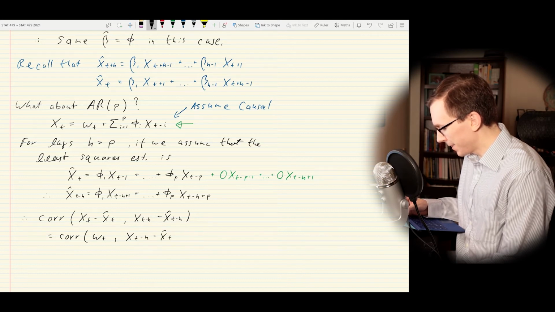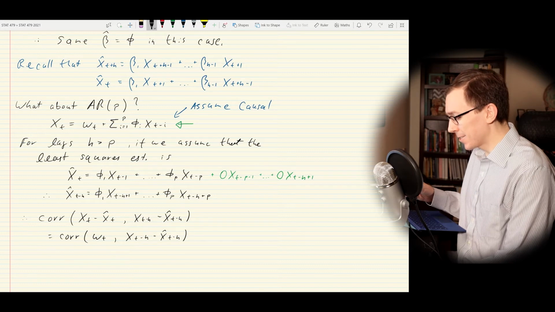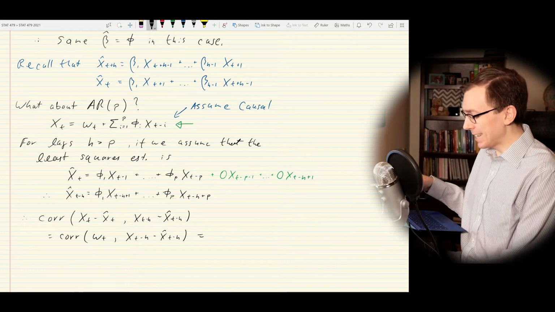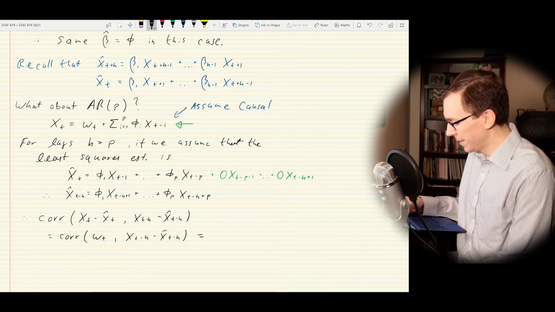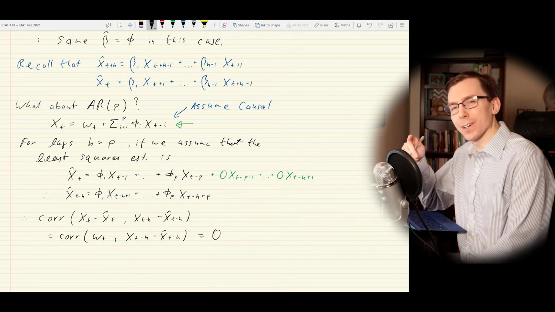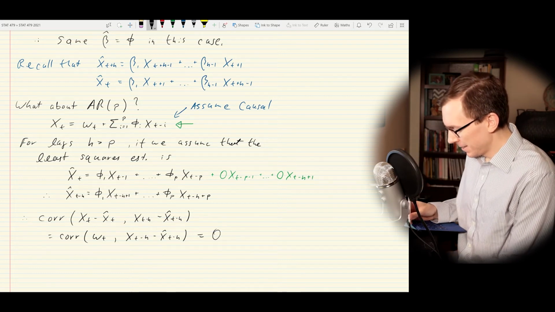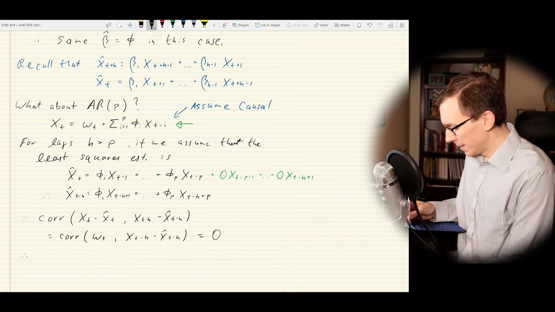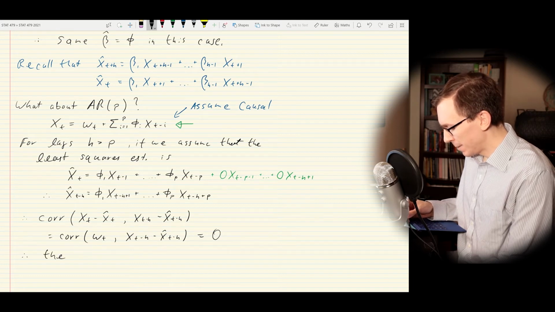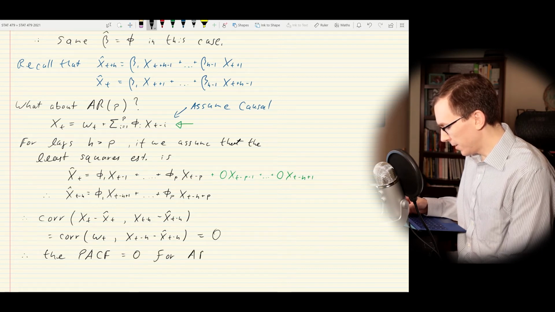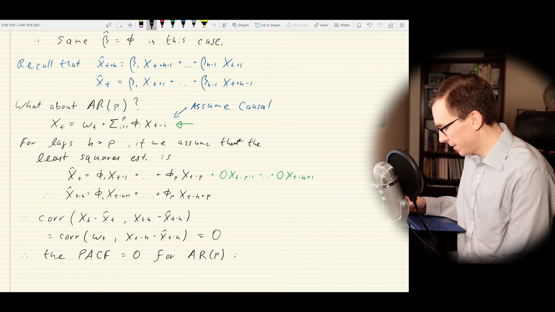And this whole thing in the right-hand argument is a causal linear process. It does not depend on w_t because w_t occurs in the future, so it's 0. And once again, therefore, the PACF is equal to 0 for an AR(p) if h is greater than p.